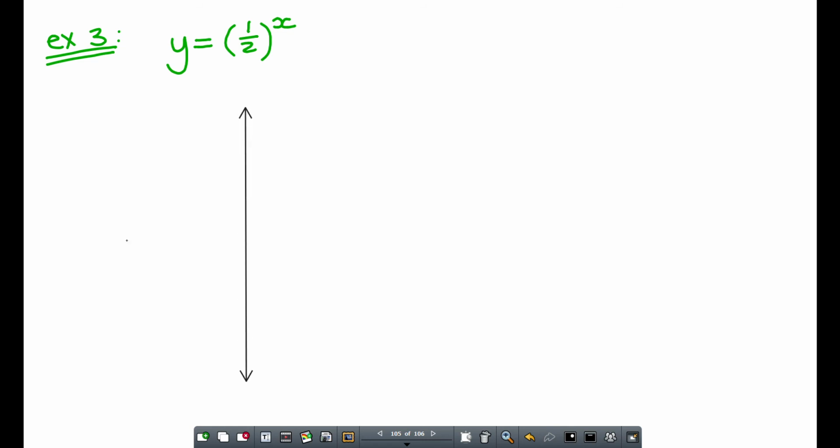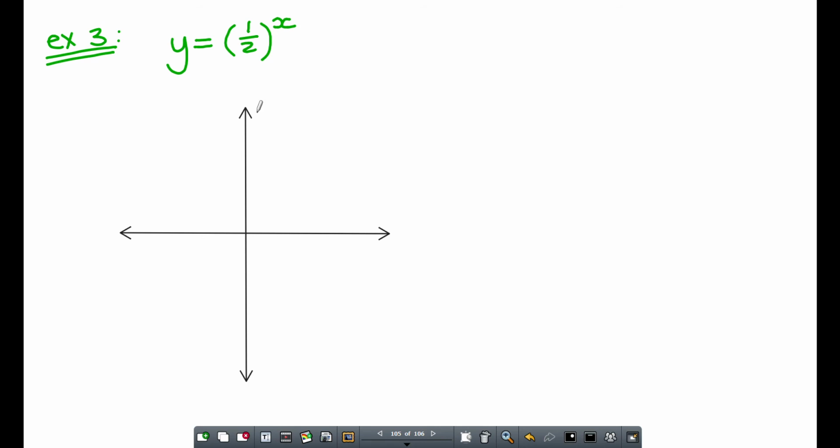Example number 3. There's one more after this and then we're done. Okay, nou gee ek vir jou y is gelyk aan en nou kyk gou hier. Usually, when we give you a fraction, we put it in brackets. So a half to the power of x. Nou dadelik moet jy vir my sien dat daai a-waarde, the value of a is now a fraction, meaning it is between 1 and 0.